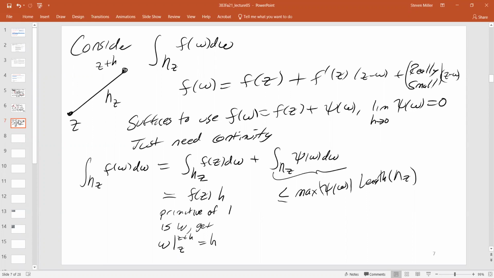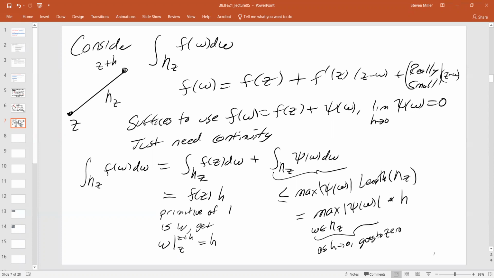What's a bound for the length of the curve? We actually know what the length of the curve is. It's the absolute value of h. So this is just equal to the maximum of w on the curve of c of w times h. And what does that piece go to as h goes to 0? As h goes to 0, it goes to 0. So even when we divide by h, this is still going to be small.